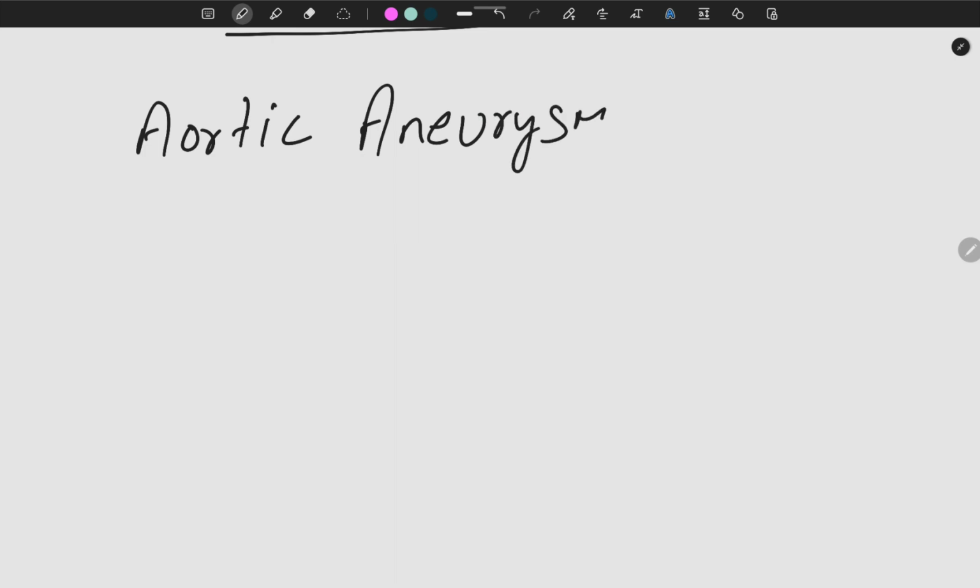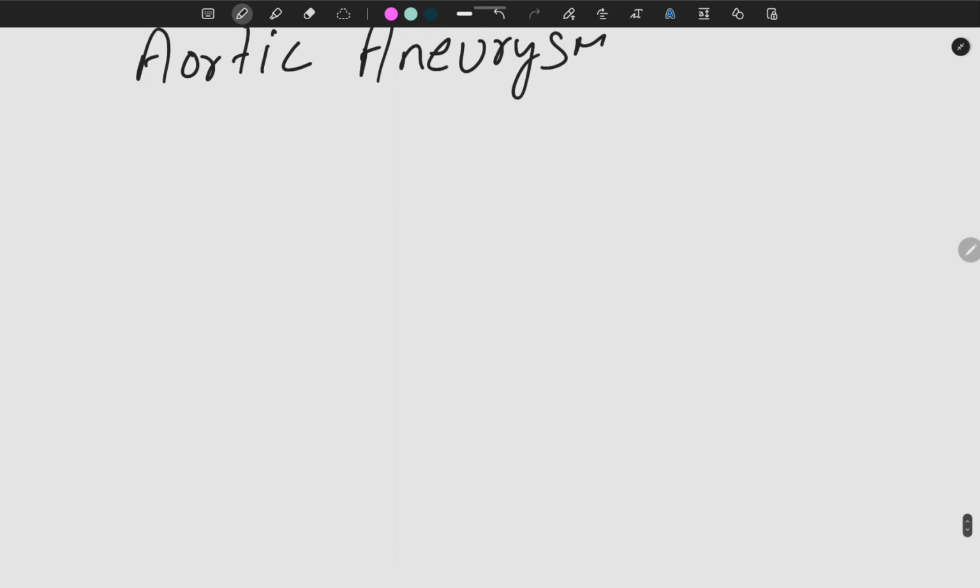So next one is aortic aneurysm. So what is aortic aneurysm? It is nothing but a bump-like structure we can observe on the aorta. It is like a bump which is generated from the wall of the aorta.